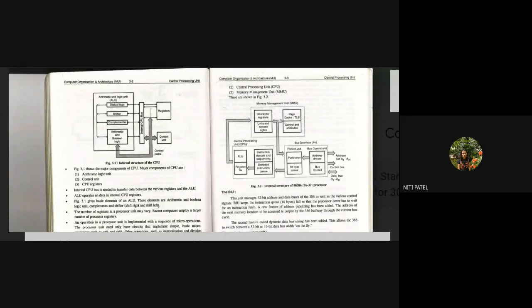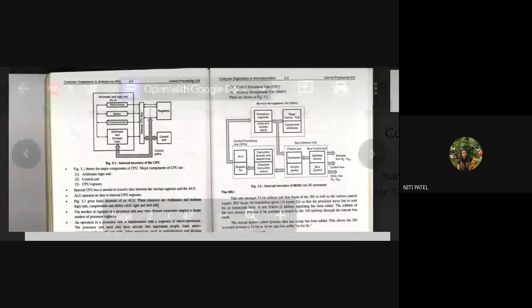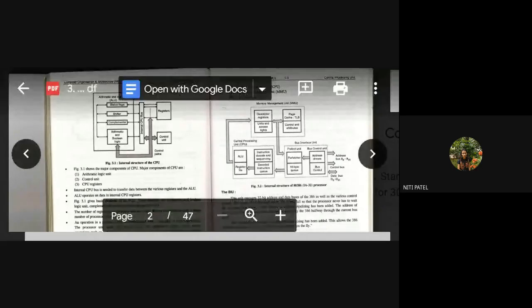Is that clear? So the instruction is taken in by the address bus and data bus, given to the bus interface unit, stored in the instruction queue, and transmitted to the central processing unit. After it is executed from the central processing unit, it will be stored inside the memory management unit. Is this clear?